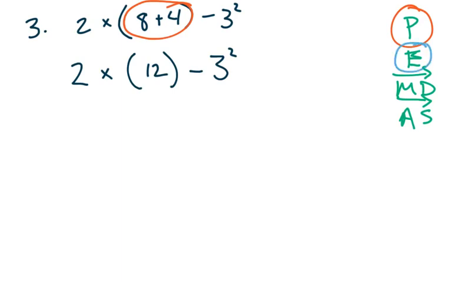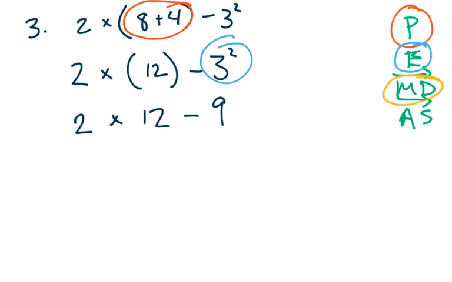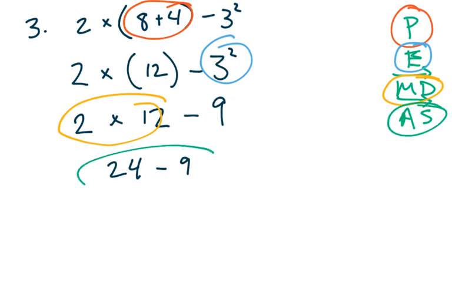Now we're going to do this and this, and we're going to get 2 times 12 minus 9. And now we're going to do multiplication and division. So we're going to get 24 minus 9. And lastly, we're going to do addition and subtraction. And we're going to get equals 15.